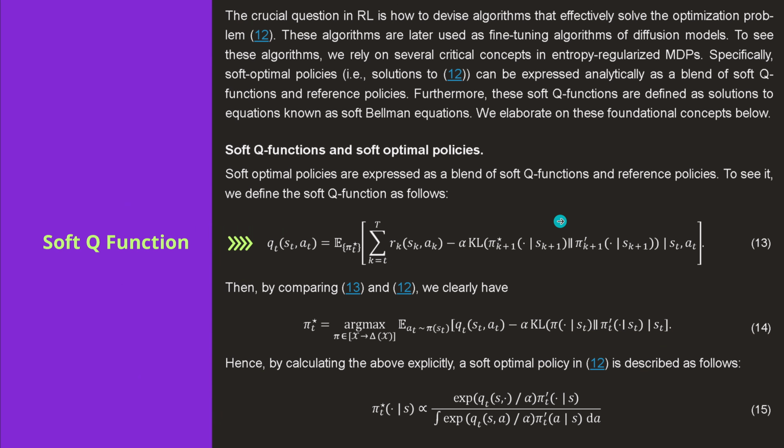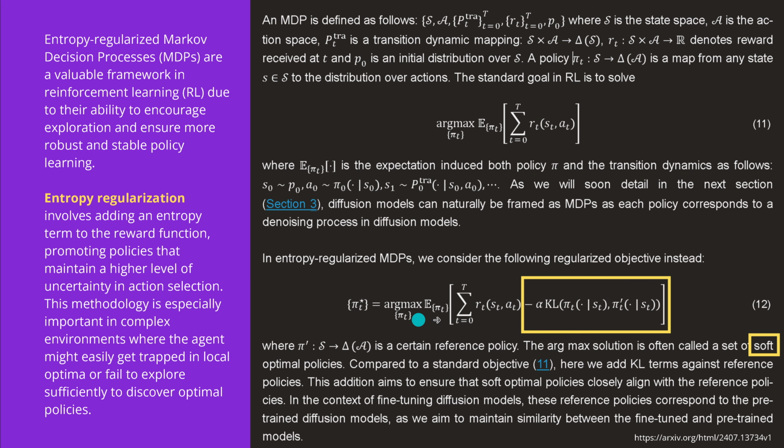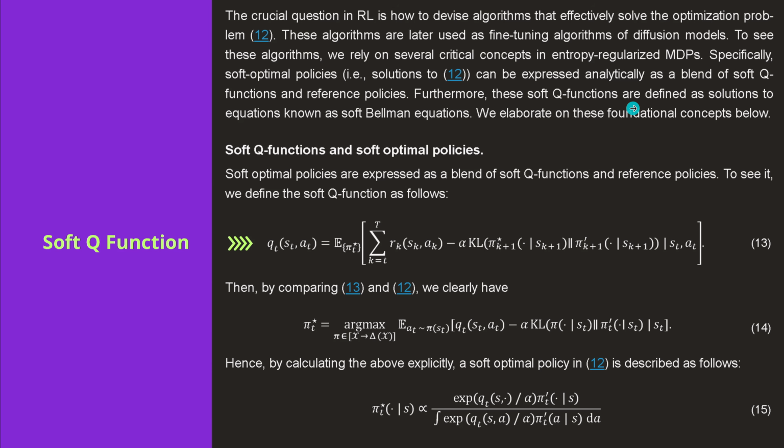And then, of course, the crucial question is, how do we solve this equation? You know, this number 12 here. This is where we need to solve this, and our solutions to those equations are exactly what we are looking for, because this is our fine-tuning algorithm of the diffusion models.